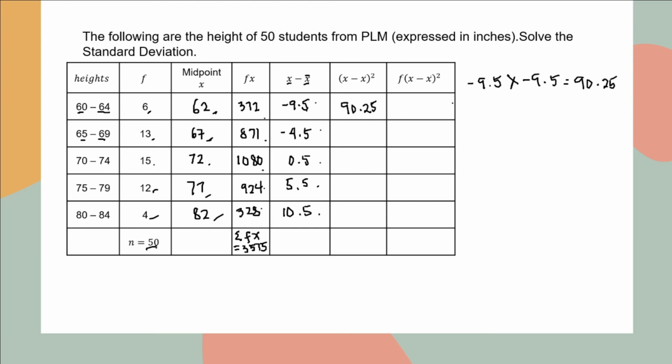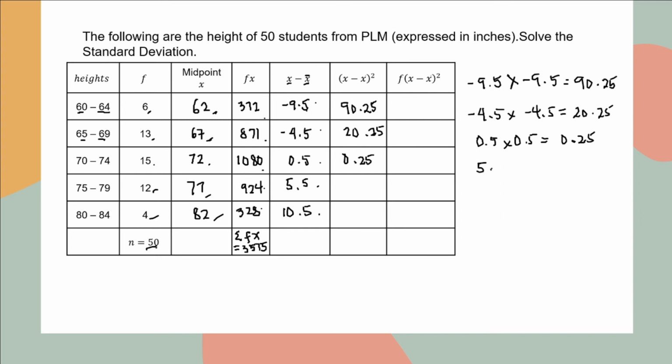Positive na siya. Okay, next is negative 4.5 times negative 4.5. So, we have 20.25. Next, 0.5 times 0.5. We have 0.25.